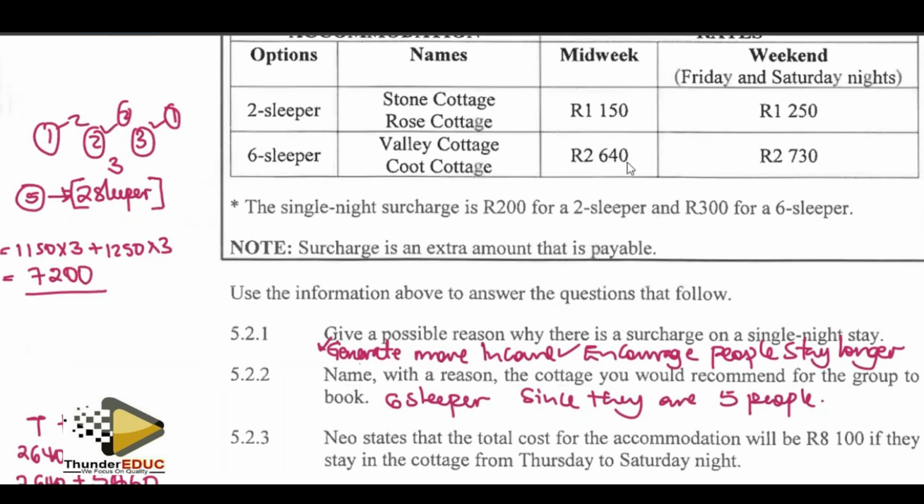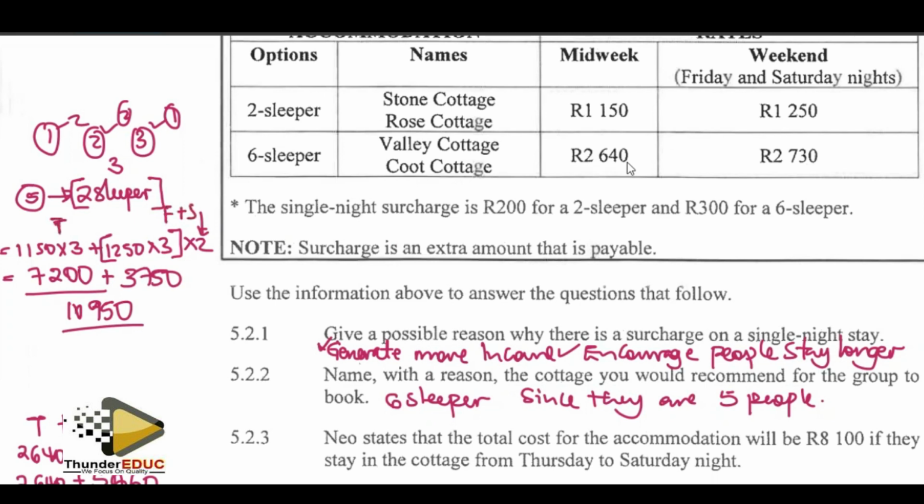Oh, sorry. This will be 2 times. So you see how the 2. Why am I multiplying by 2? Because we have Friday and Saturday.